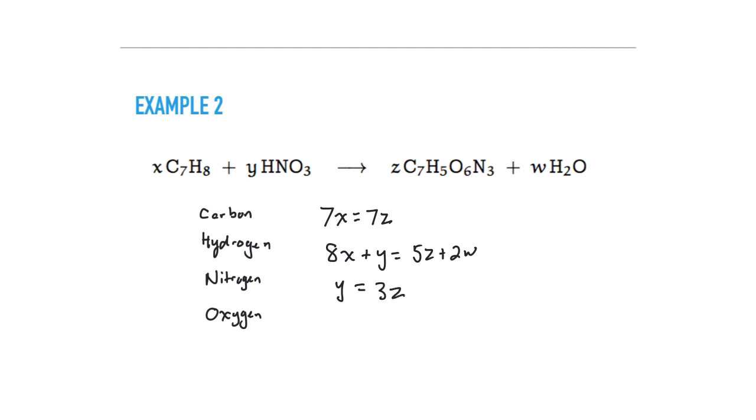And then looking at the oxygen, we could say that 3y is equal to 6z plus w. Like the last example, we have exactly as many equations as we have unknowns: 4 equations and 4 unknowns, x, y, z, and w. Pause the video again and see if you can find unique solutions for x, y, z, and w.